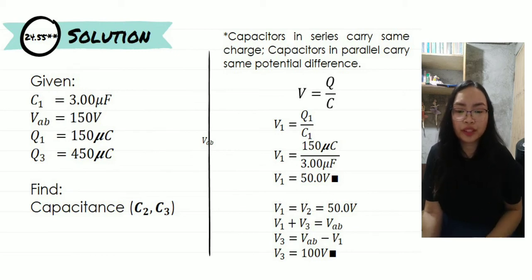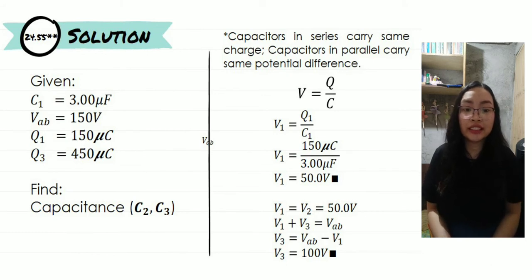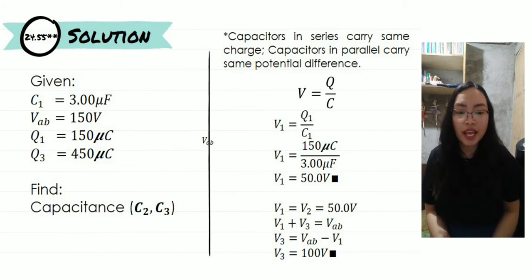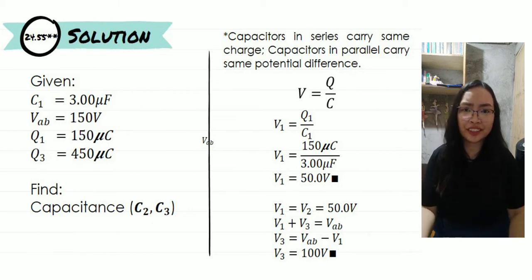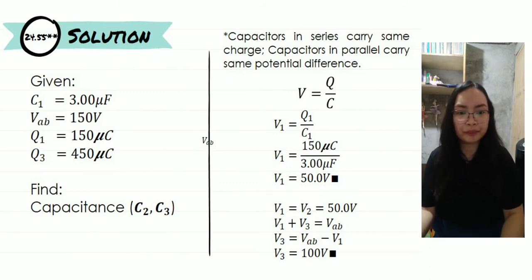But before we proceed to the solution, it is important to note that capacitors in series carry the same charge and capacitors in parallel carry the same potential difference. These reminders are important, especially when dealing with problems like this one.